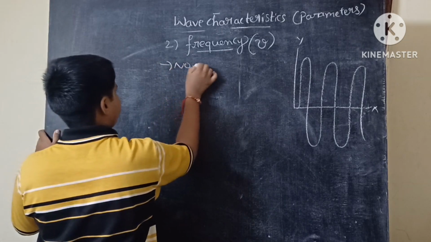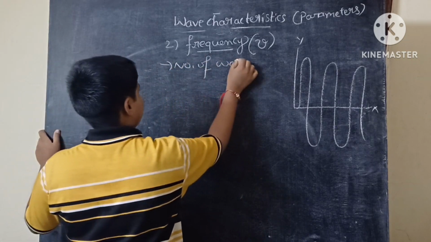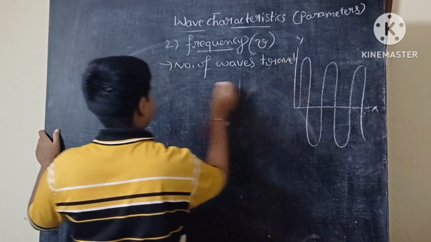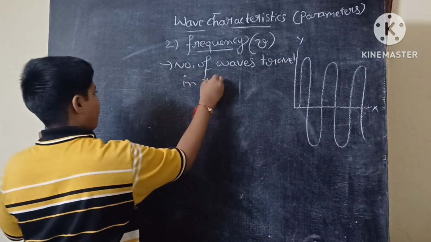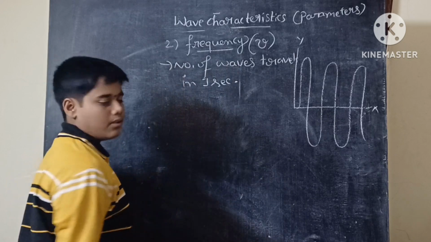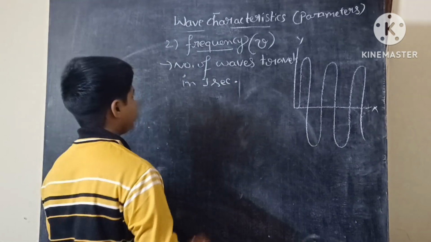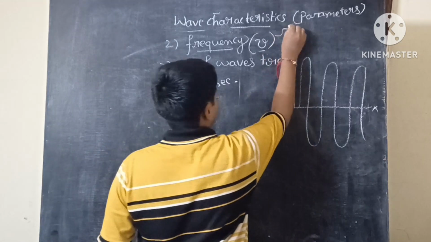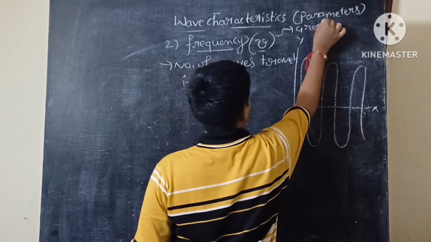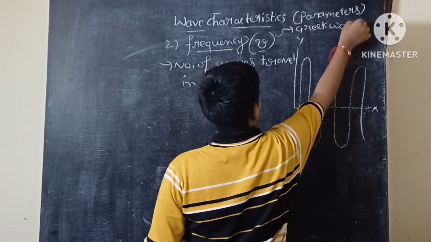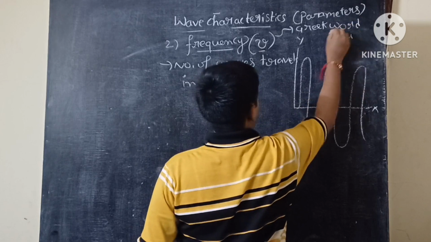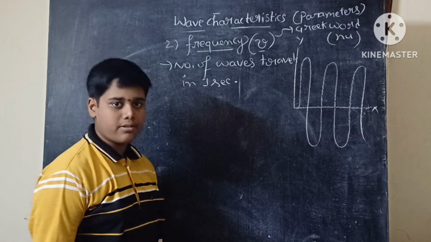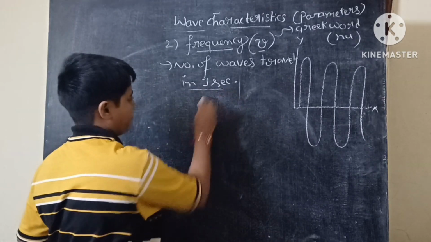It is denoted by nu. It is also a Greek letter. The pronunciation is nu. Frequency means the number of waves that travel in 1 second.